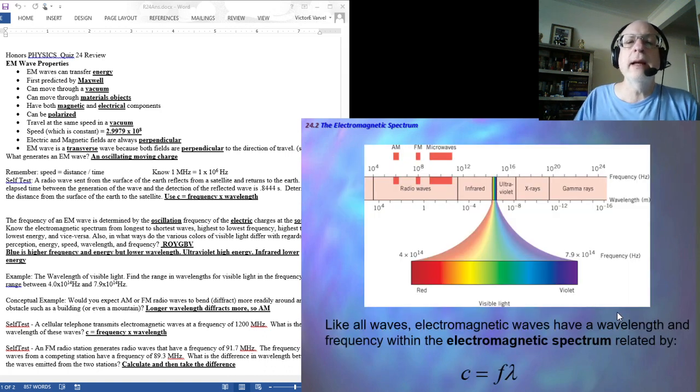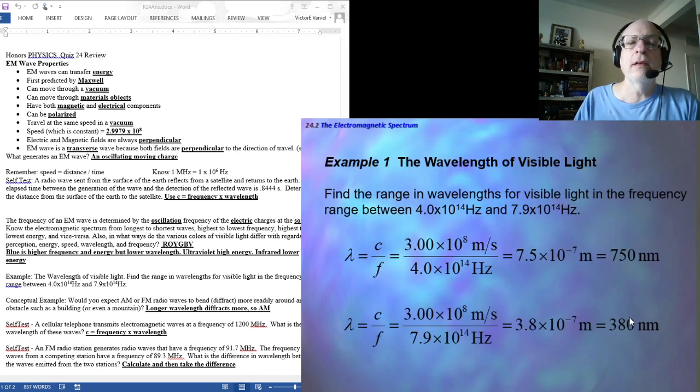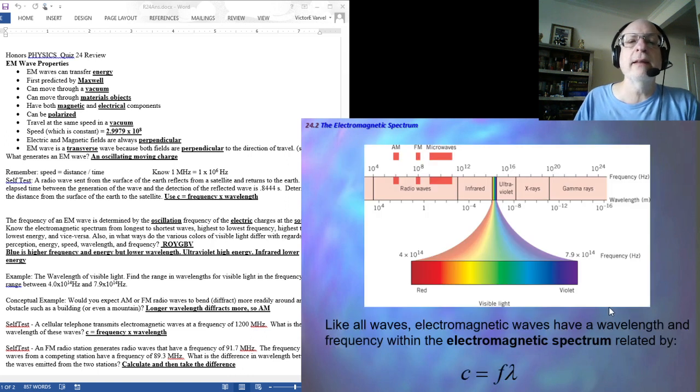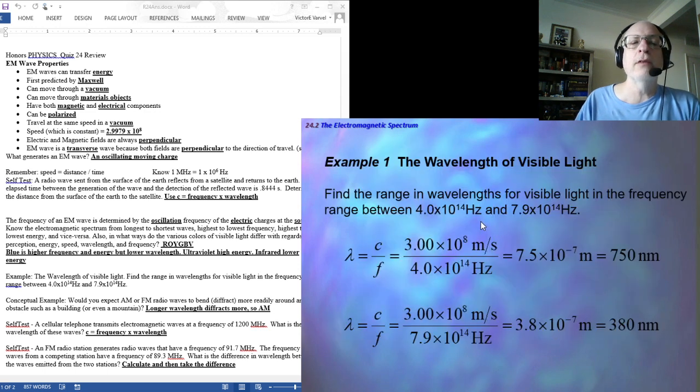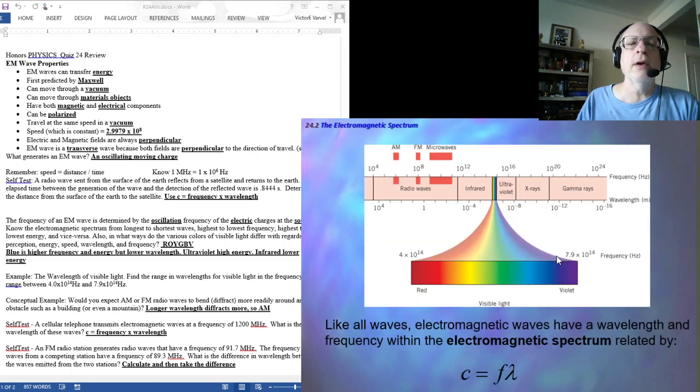And it's nanometers, so that's times 10 to the negative 9th. So we're talking about wavelengths in the 10 to the negative 7th range. I look at the wavelengths in the 10 to the negative 7th range, and where am I?